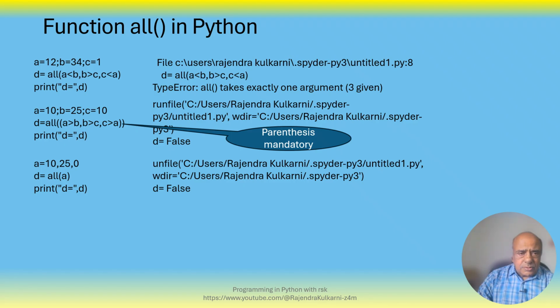This kind of expression, A is equal to 10, 25, 0, is a type of list, which is another kind of entity, or another kind of variable in Python.